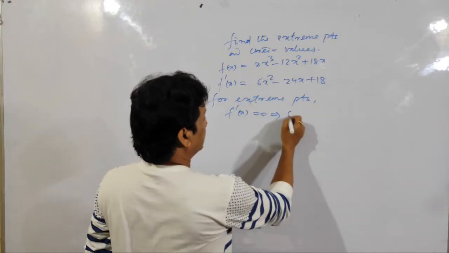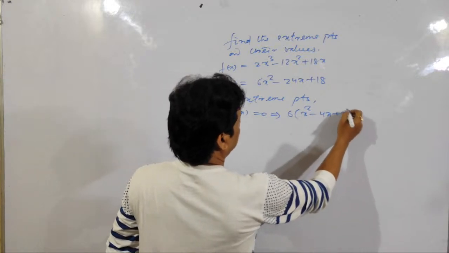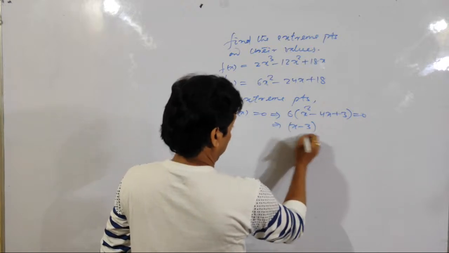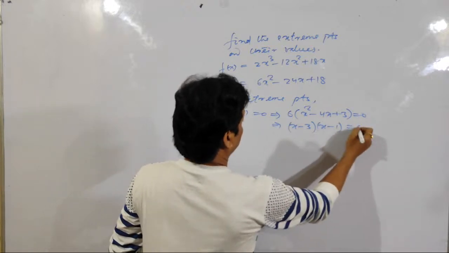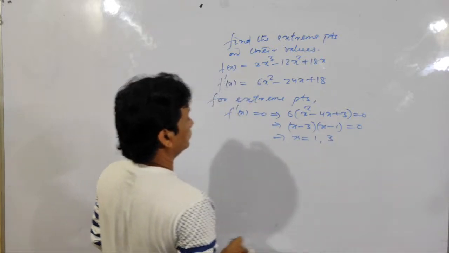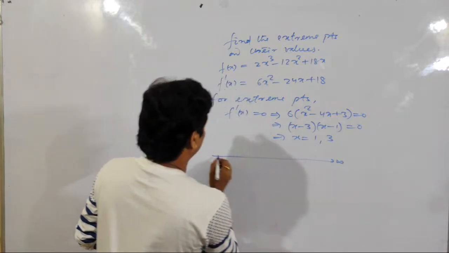That means take 6 common, x square minus 4x plus 3 equal to 0. That means x minus 3, x minus 1 equal to 0. That means x is equal to 1 and x is equal to 3. Okay, so draw the number line.